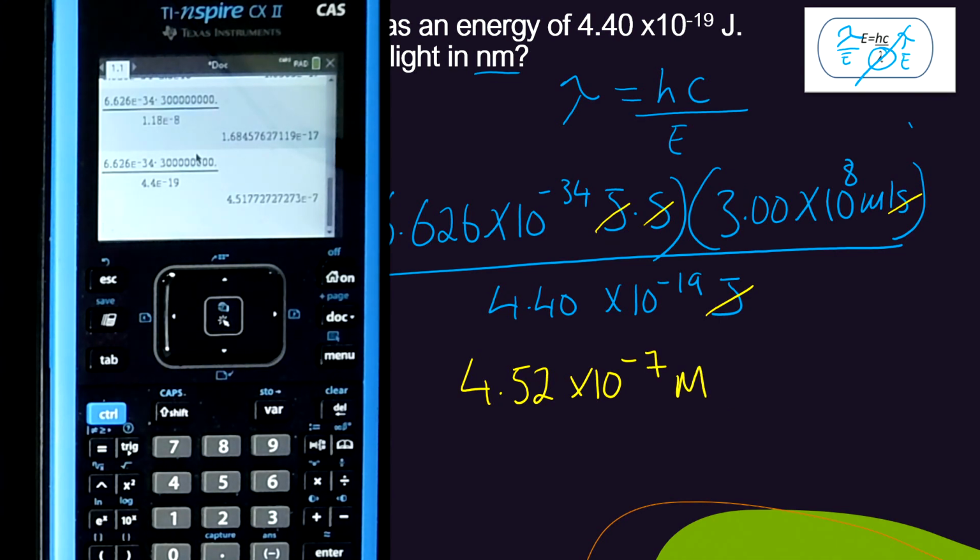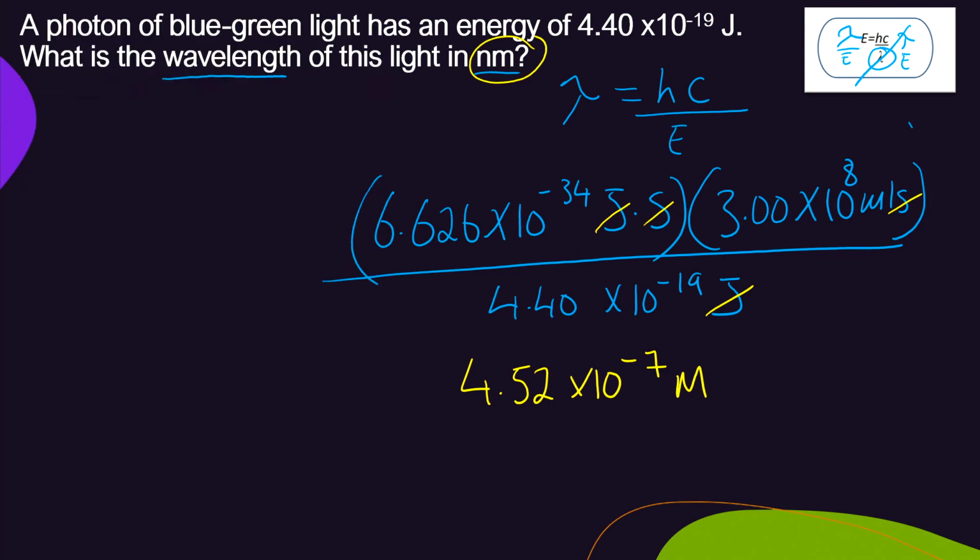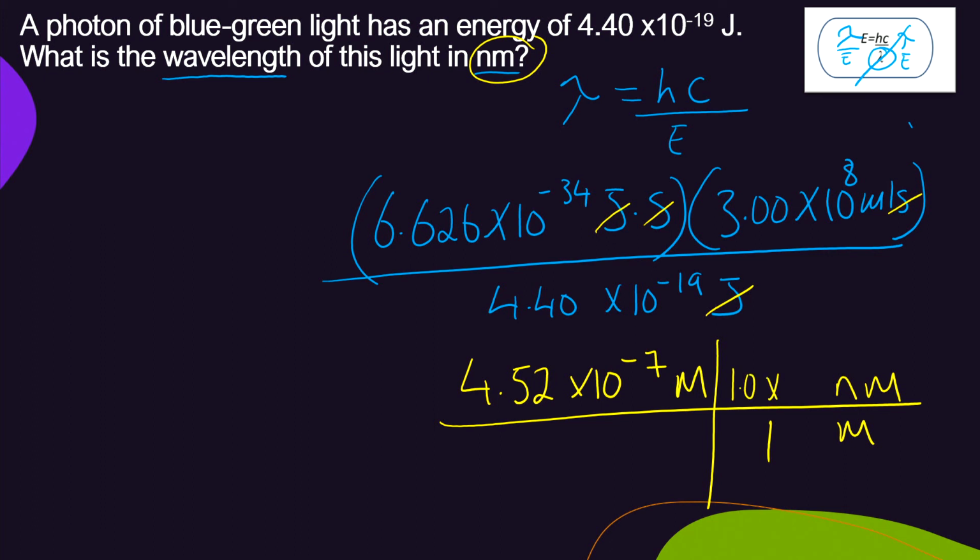But remember, in our question it asked us for our final answer in nanometers. So what we have to do now is we take this meter and we will convert that into nanometers. Again, place the 1 beside the larger value. So a meter is bigger than a nanometer. The relationship between the two is 1.0 times 10 to the 9th power.